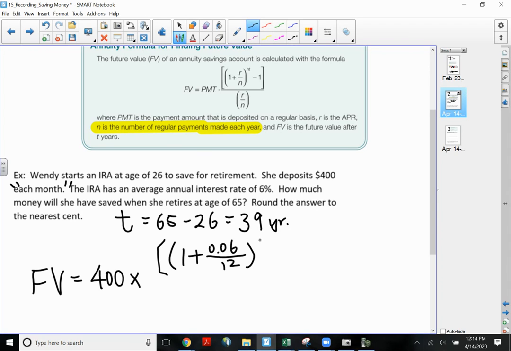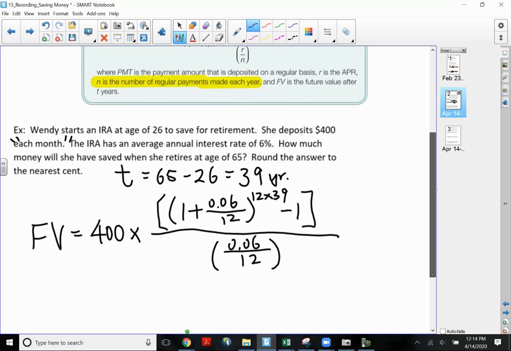Whole thing raised to the N times T, which is 39 years. Then minus 1. Whole thing divided by R over N, 0.06 divided by 12. All right, so this is a little bit tricky to key in.